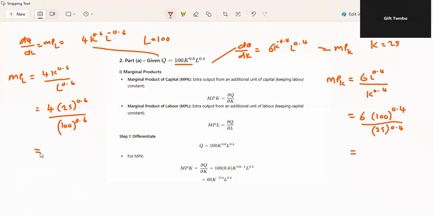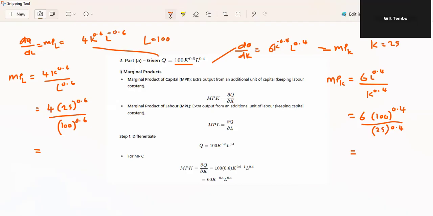Are you calculating? Do you have a calculator there with you? No, I don't have. Okay, so I'll calculate it for you then.